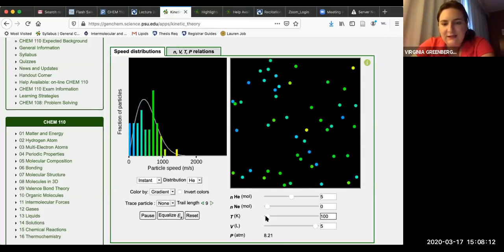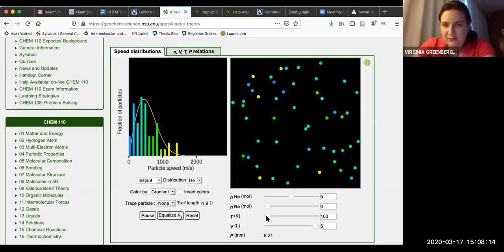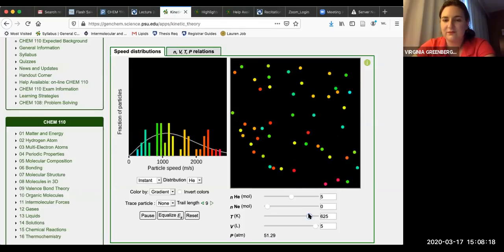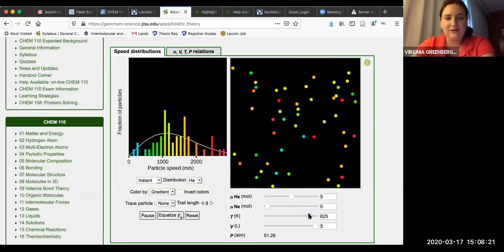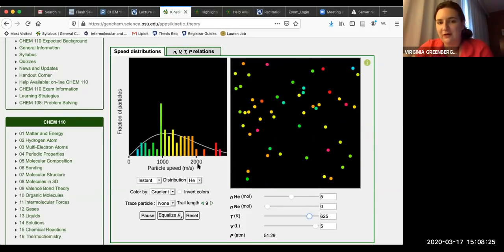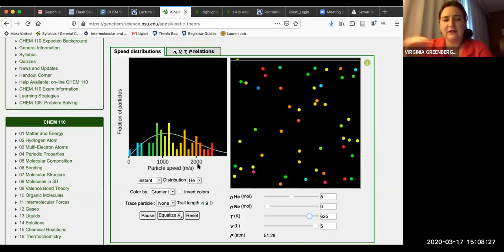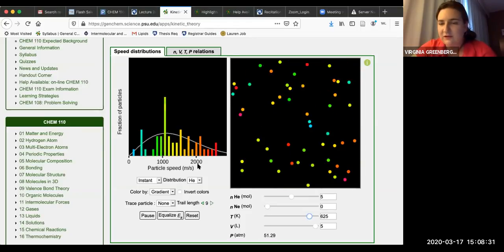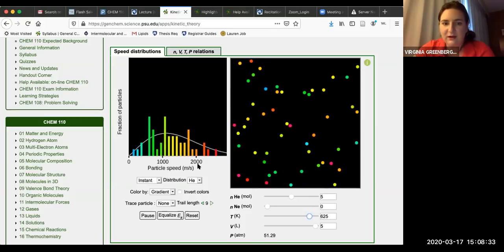So let's go ahead and increase the temperature and see what changes. Okay. So if we look at our plot on the left here, we can see the curve is much flatter now. And the reason that it's flatter is that we have the gas molecules spread out more in terms of what speeds they can occupy.